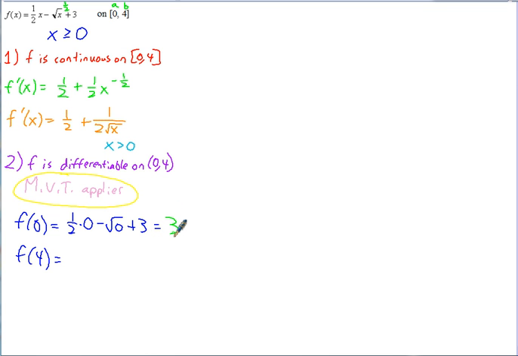And if you substitute in 4, you get 1/2 times 4 minus the square root of 4 plus 3. So 1/2 times 4 is 2, minus the square root of 4, which is 2. That's 0 plus 3, which gives you 3 also. So this time, the y values at those points are equal. And since they're equal, Rolle's theorem applies as well.